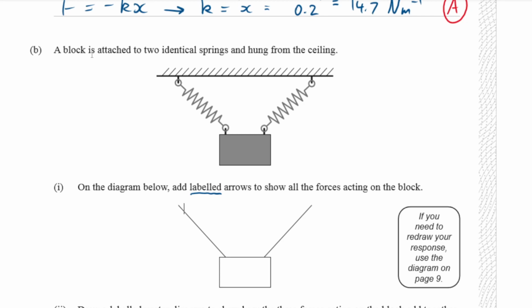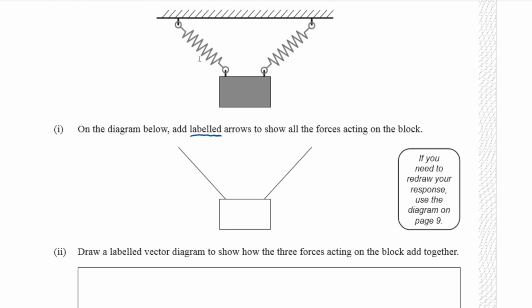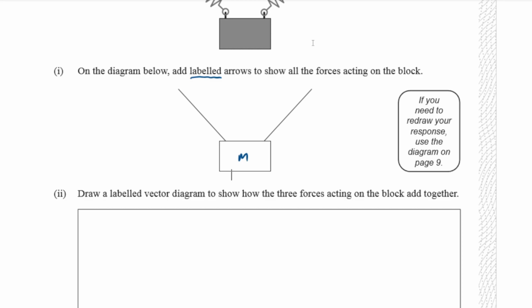Cool. So the block, it doesn't say it, but let's assume it has some mass, right? Otherwise, it wouldn't exist. And anything with mass has a weight force, which we can denote as either capital W or weight, or even mg, right? Mass times gravity, or F capital G. Any of these are fine.